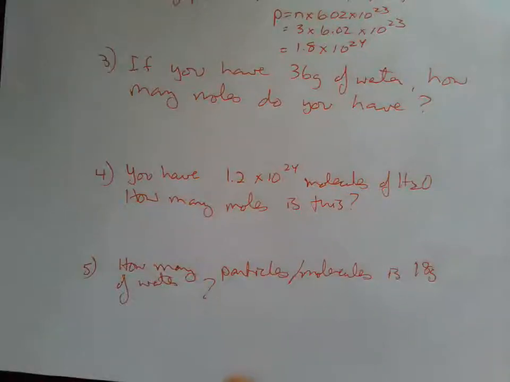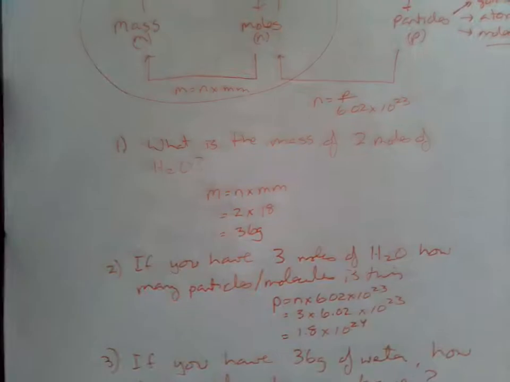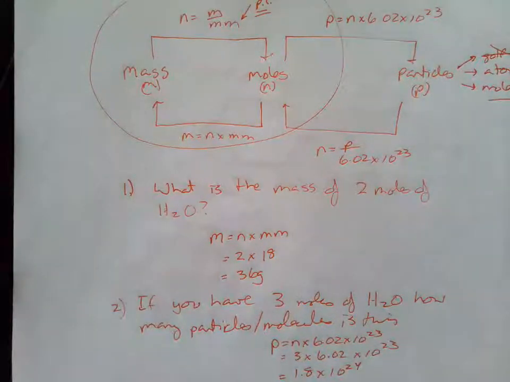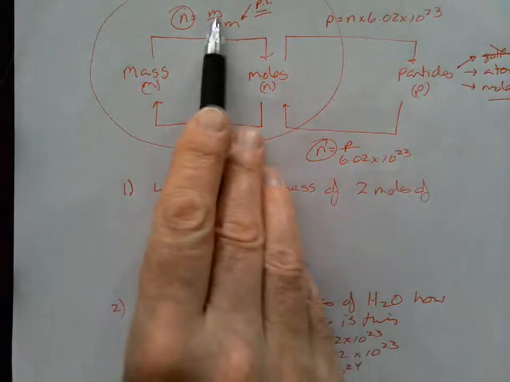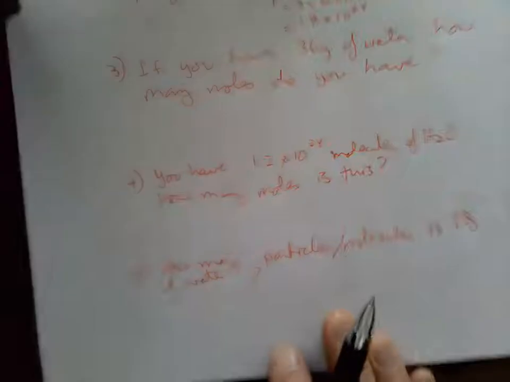Questions 3 and 4 get ever so slightly trickier, but not much trickier. If you have 36 grams of water, how many moles do you have? So here's why this is ever so slightly trickier. It's because you have two formulas that allow you to solve for moles. We are going to use this formula because they give you a mass in grams in the question.